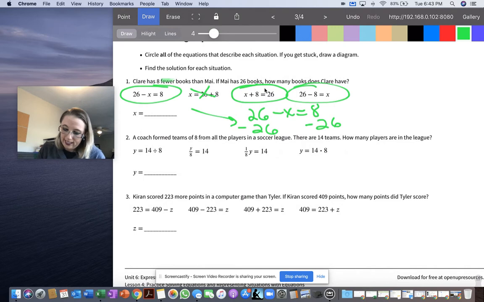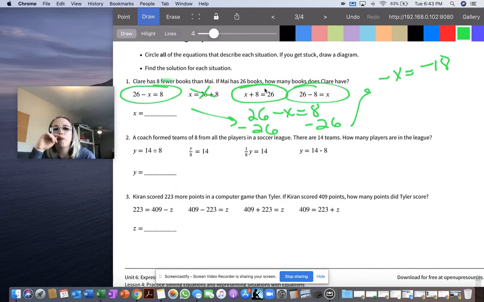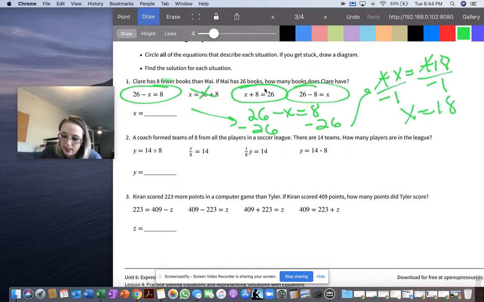So you're going to get negative x equals negative 18. Can you have a negative number of books? You can't. But the beautiful thing is there's a negative in front of both of those numbers, so they go away because it's basically the same thing as dividing by -1, divide by -1, x equals 18.